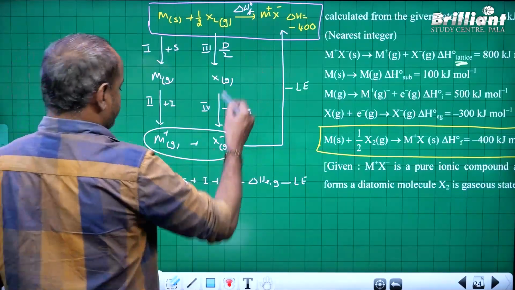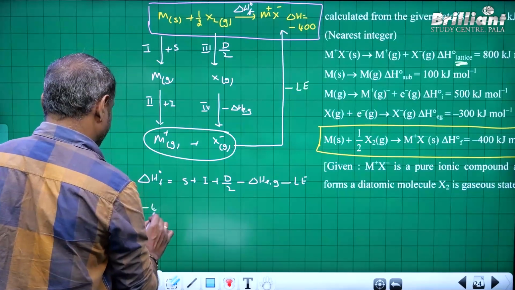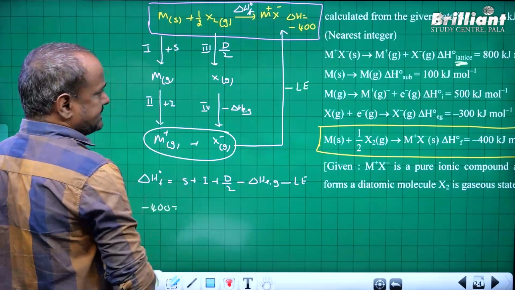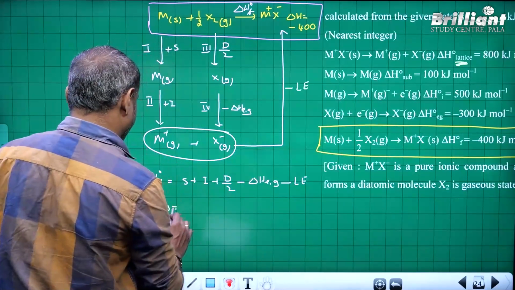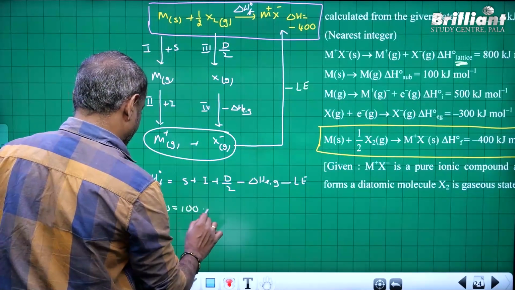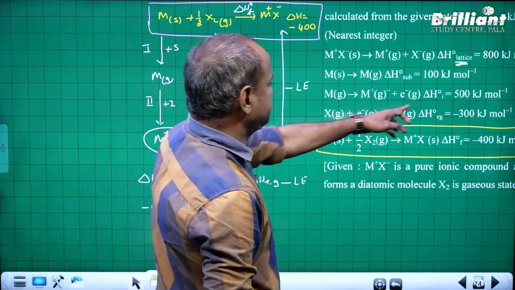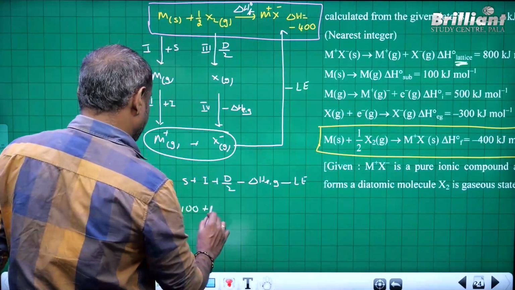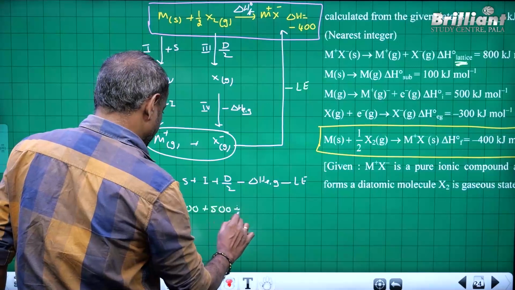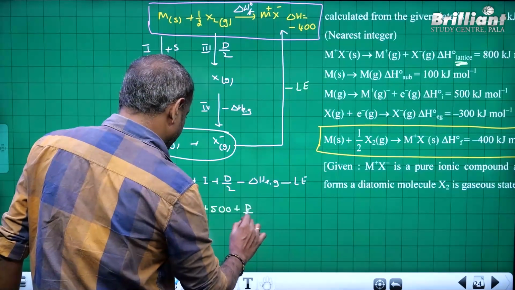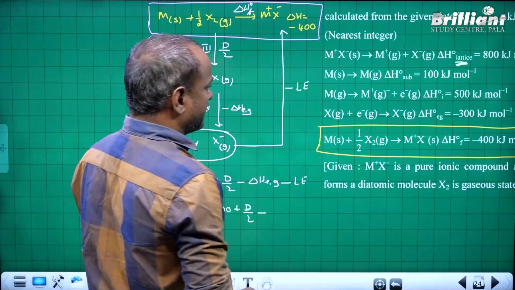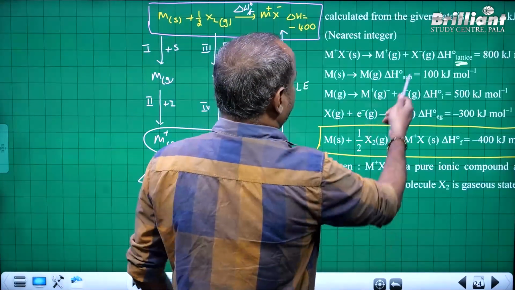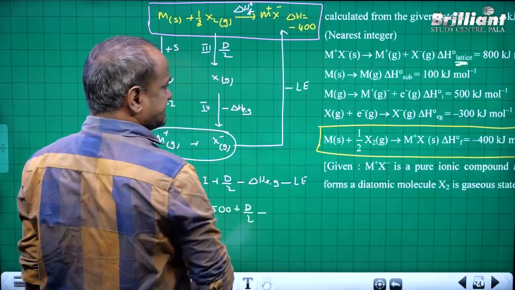Substitute values: minus 400, sublimation value 100, ionization 500, D by 2 not given, plus lattice energy value minus 800.